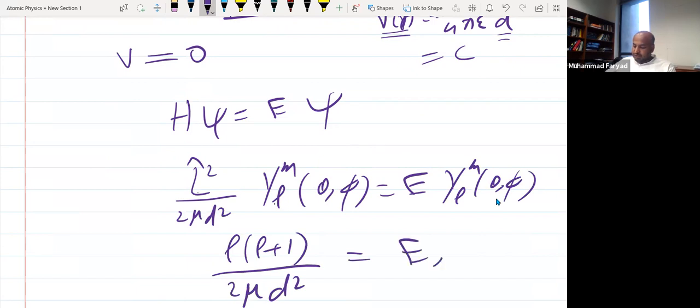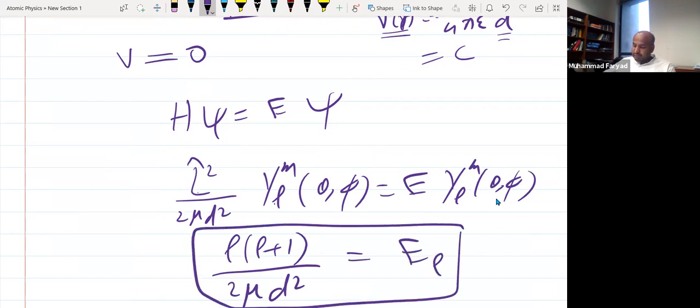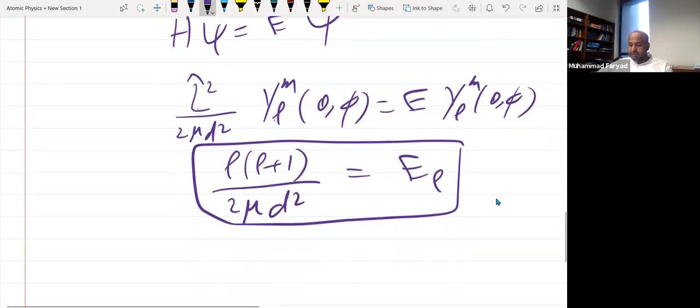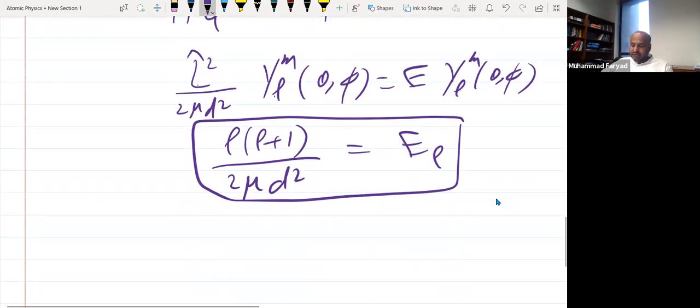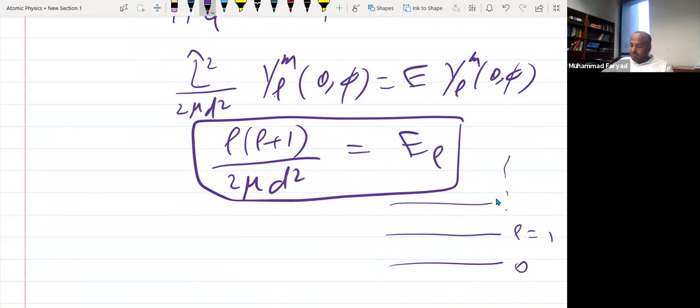So the energies of this rigid rotor are given by this spectrum: at L equal to 0, the energy is 0, and at L equal to 1, there is 1 into 2 h-bar square over 2 mu D square, where D is just the distance between the two charges, and so on. So we can get this rotational energy spectrum of molecules simply by this equation.